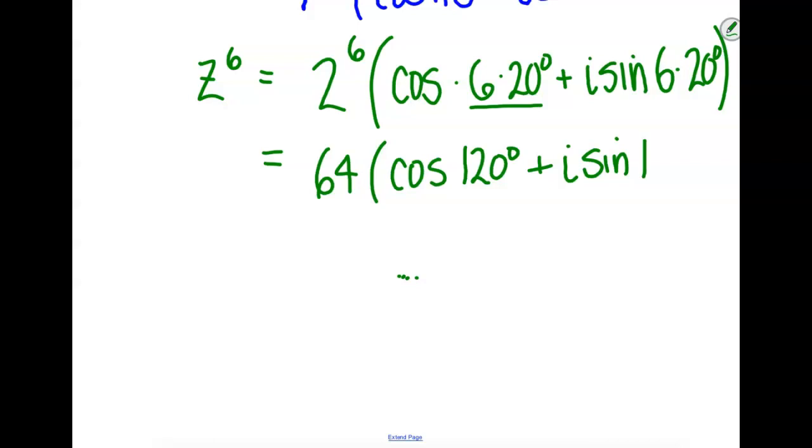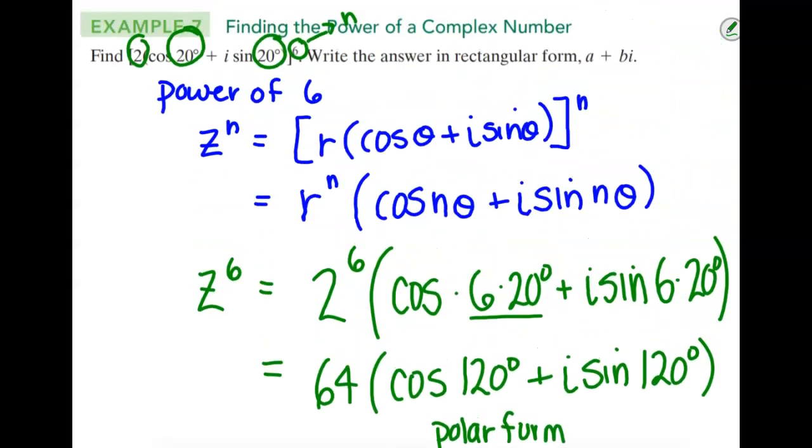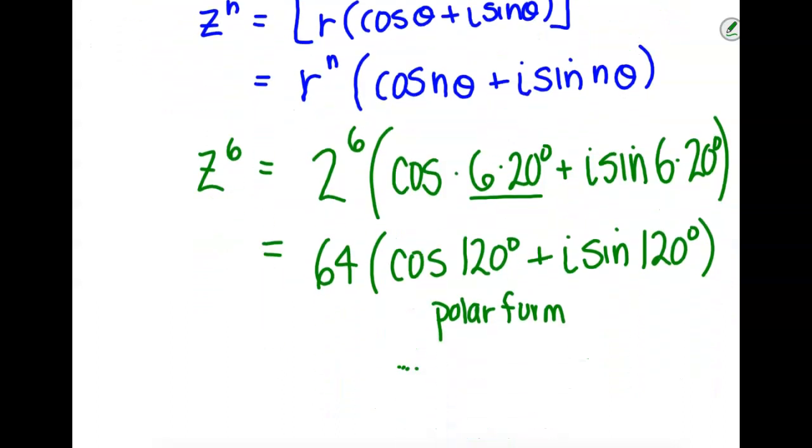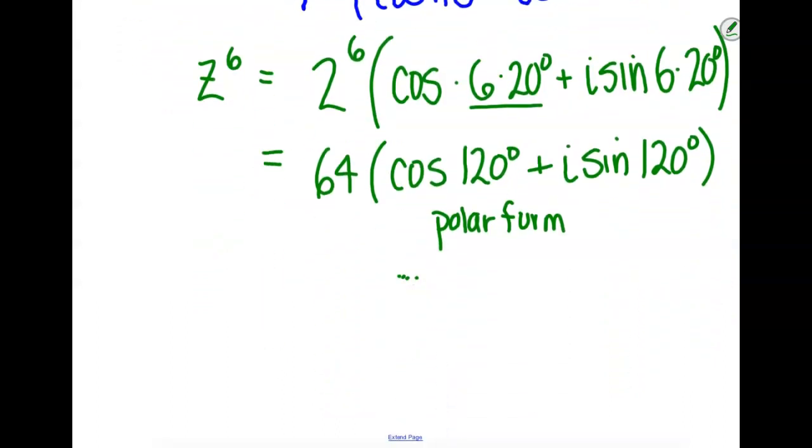If we were to leave it in that form, that would be considered polar form. But it is asking us to write our answer in rectangular form. Rectangular form is in the form a plus bi. So to convert it to rectangular form, we need to use our unit circle.